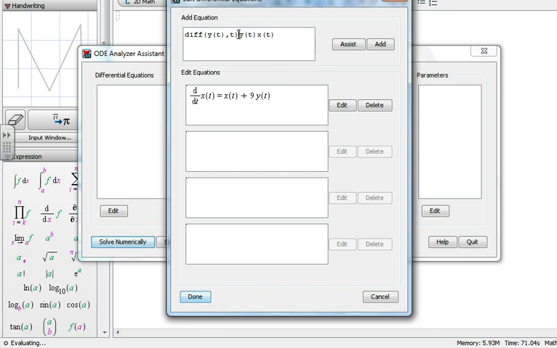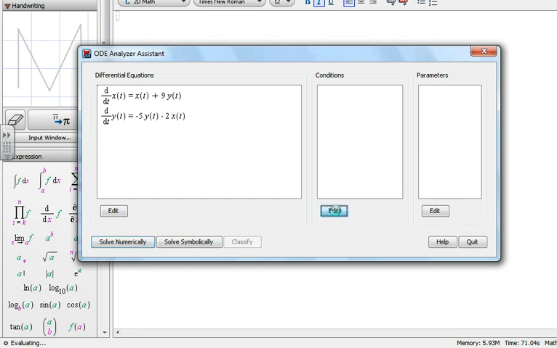Alright, so y equals minus 5y minus 2x. Add. Okay, it looks like we have our two equations in correctly. We spelled them right.